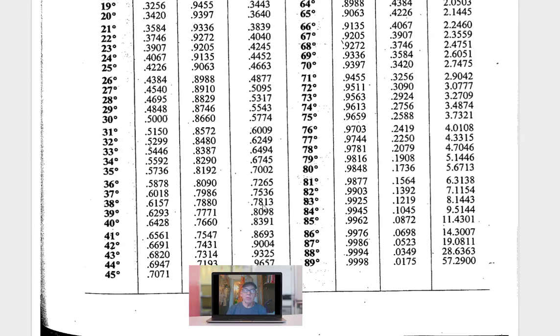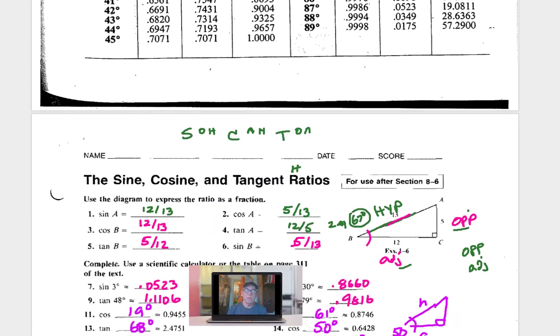We want tangent 0.7813. So we're going to be doing 46 times 0.7813 and multiplying those together, and that's going to be our x. So I'll leave that for you to finish.